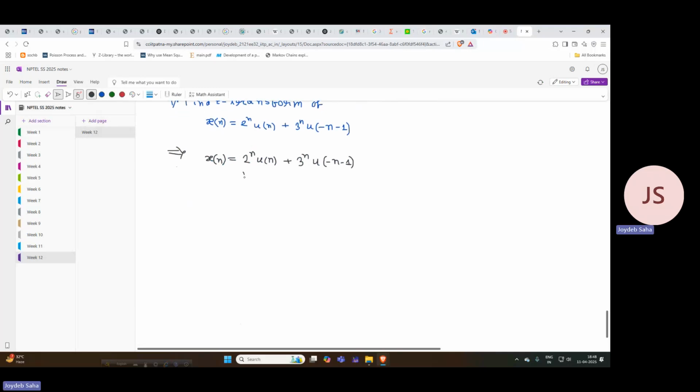So this is a right-sided signal, and this is a left-sided signal.